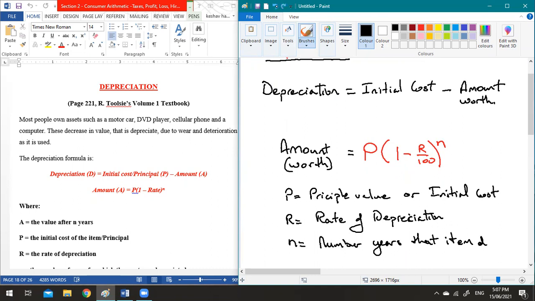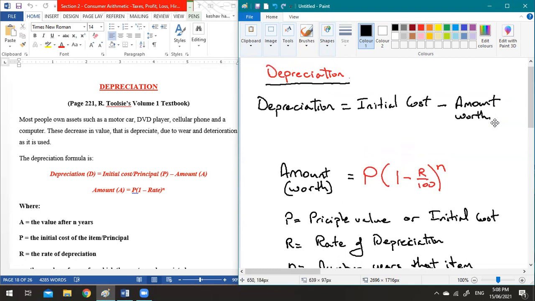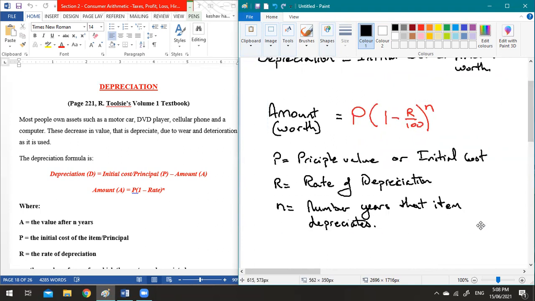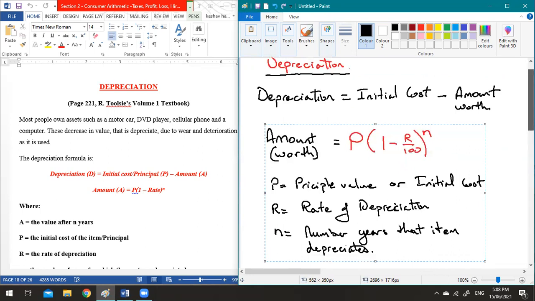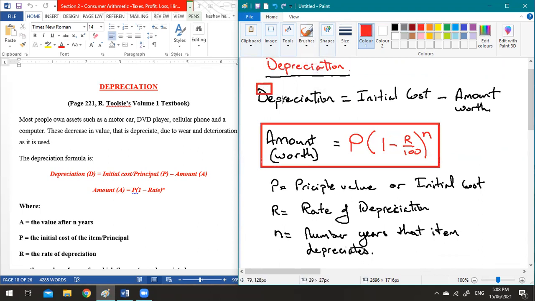Let me put it on the right. So depreciation is the initial cost minus the amount that it is worth after a number of years, right? And this formula here, the amount it's worth, is one formula to remember, and this is another one you have to remember.